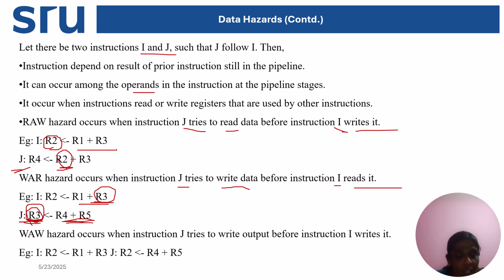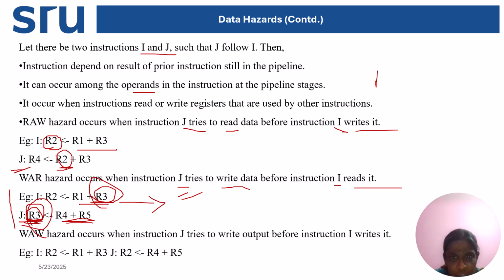That is why J tries to write data here before instruction I reads. Suppose if I is delayed, then this R3 is equal to this value. But in the instruction, that is not the meaning.